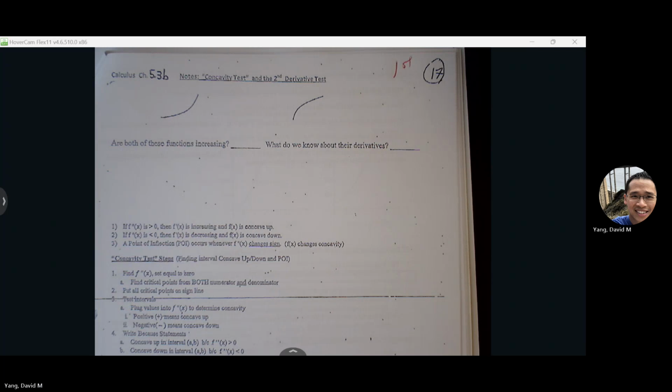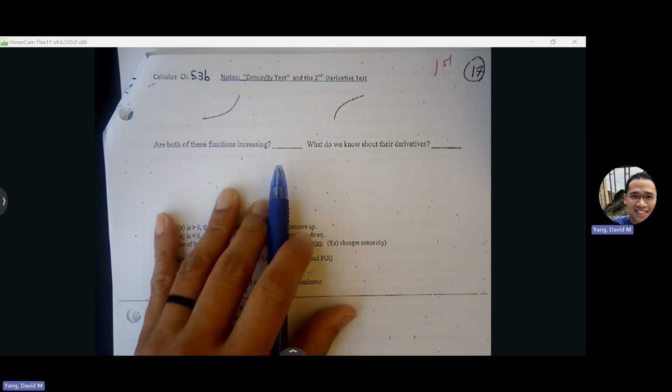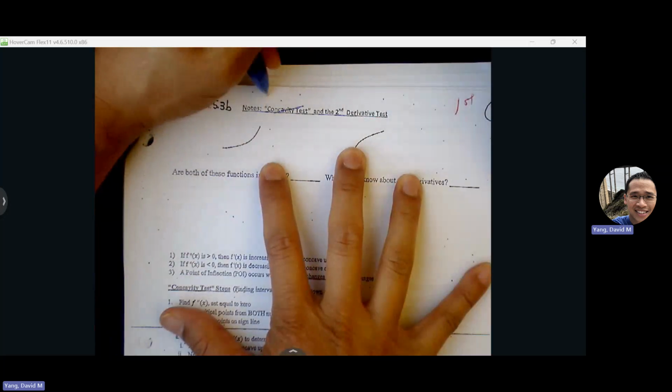And it basically went on to show that if we're looking at the f prime data, we can find out information about where the graph is rising, where the graph is falling, relative max, relative min. Okay. Today, we're talking about the test for concavity. It says concavity test, but I'm going to rephrase it, test for concavity.